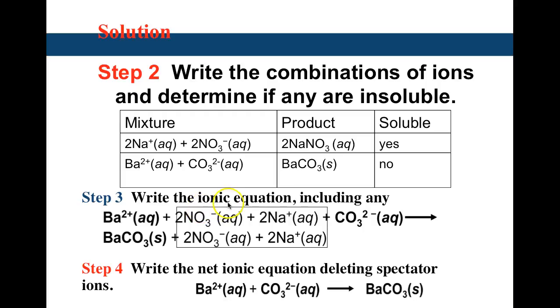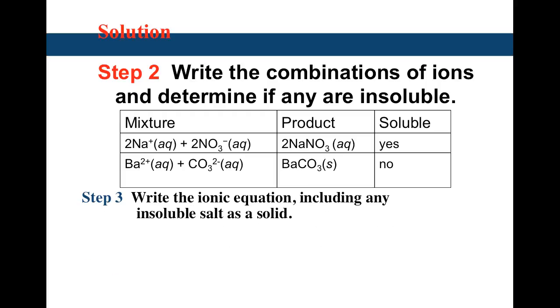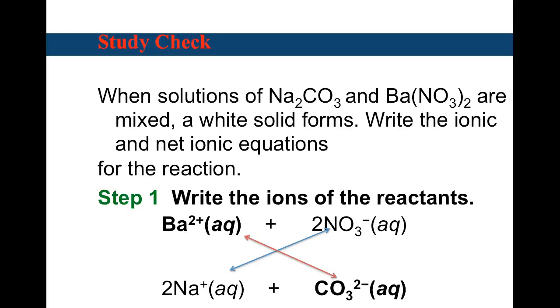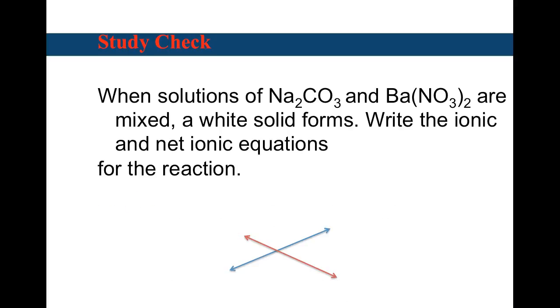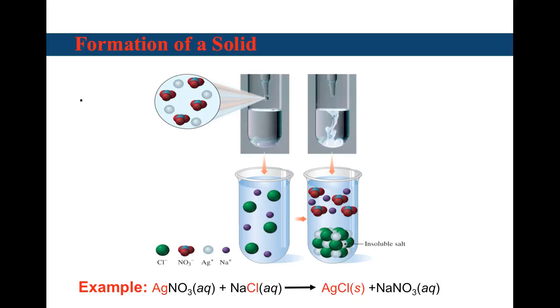The ionic equation is where you write out the entire thing. And then if you go back one more slide backwards, oh, sorry. When you write like this, this is called a molecular equation because you're not separating out the ions.